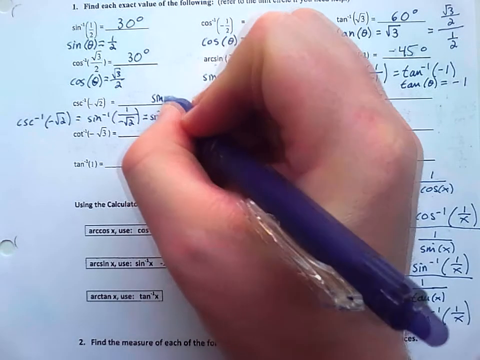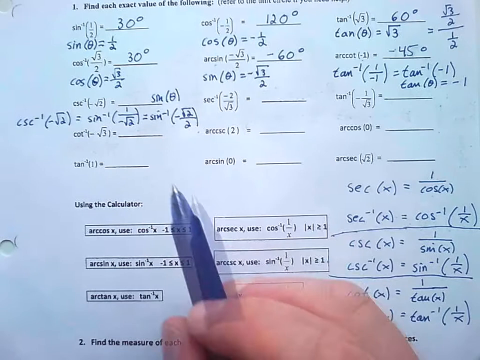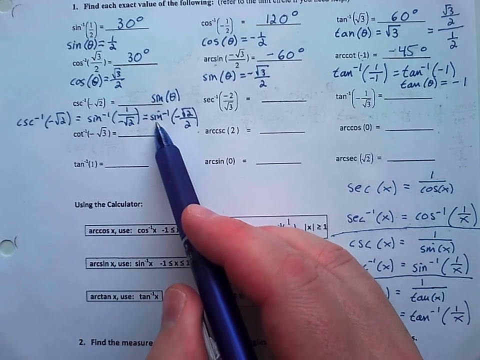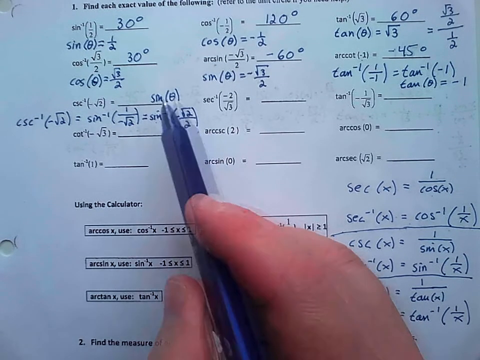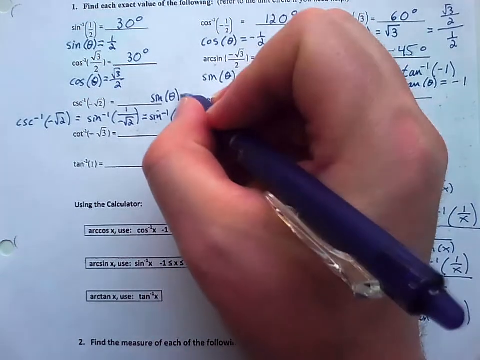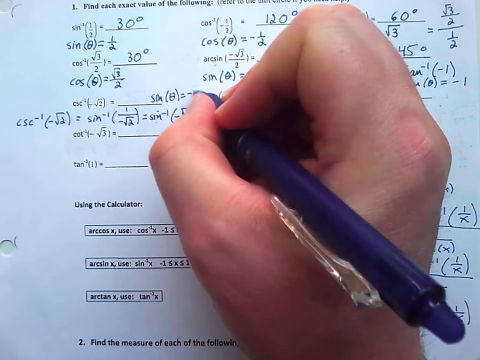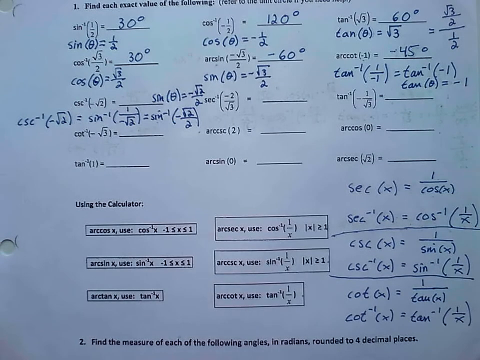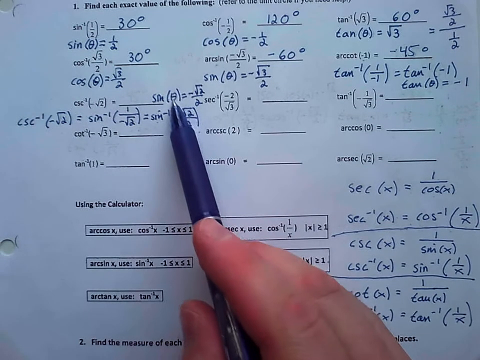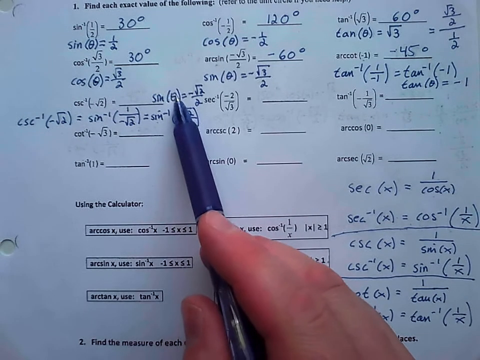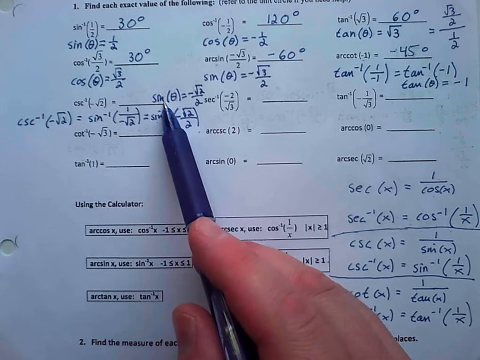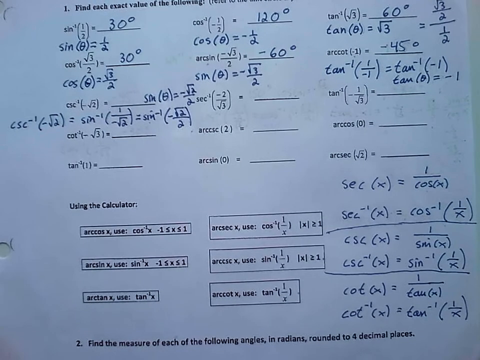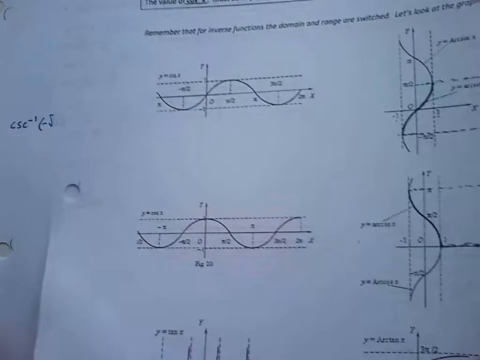So now we're looking for the angle theta, right? Whenever we had the arc sine of this, we can change that to the sine of theta, and we want this to be equal to the negative square root of 2 divided by 2. So we're looking for the angle theta such that the y value, which is the sine, is equal to negative square root of 2 divided by 2.